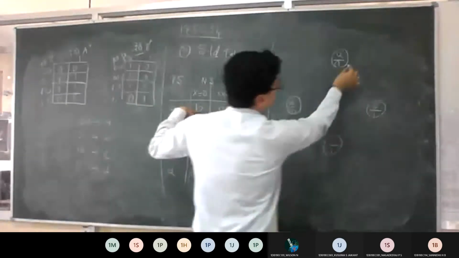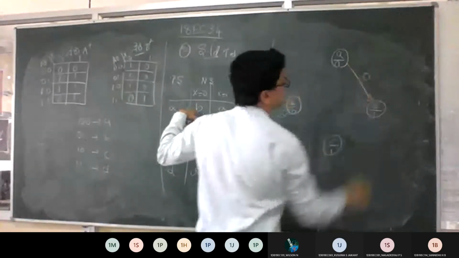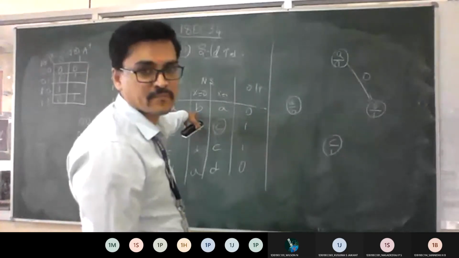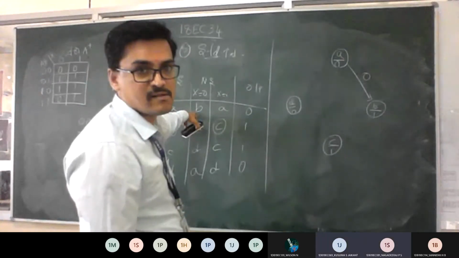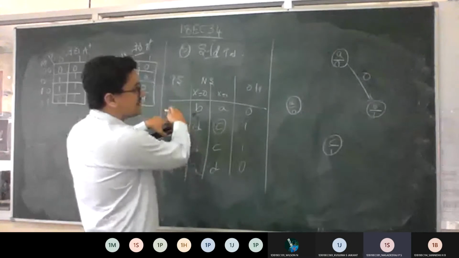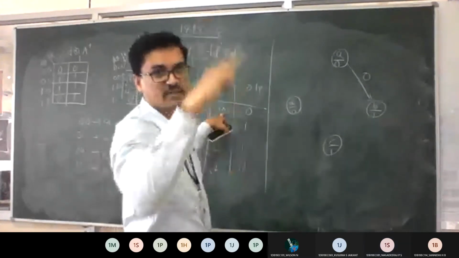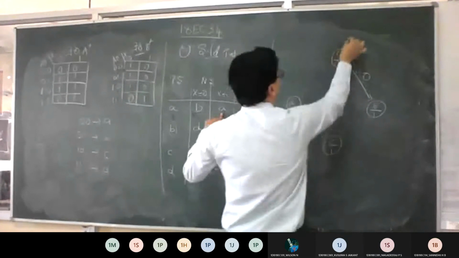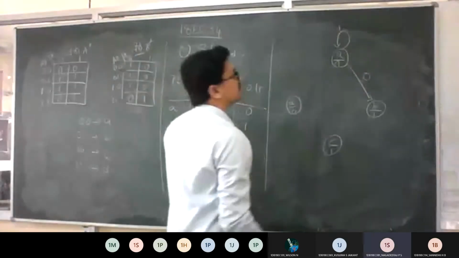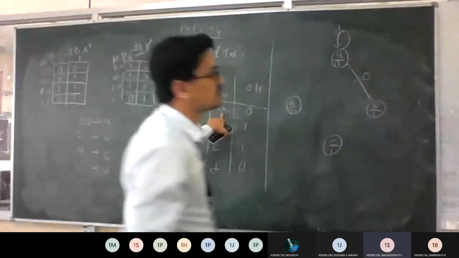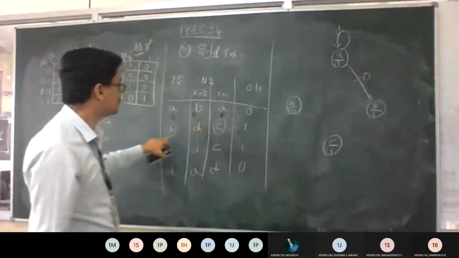It means from here to here, I need to mark input as 0. Agree? Yes, sir. So present state is A. If X is 1, it stays at A itself. It means it loops to itself with 1. Good. So now come to the next state.